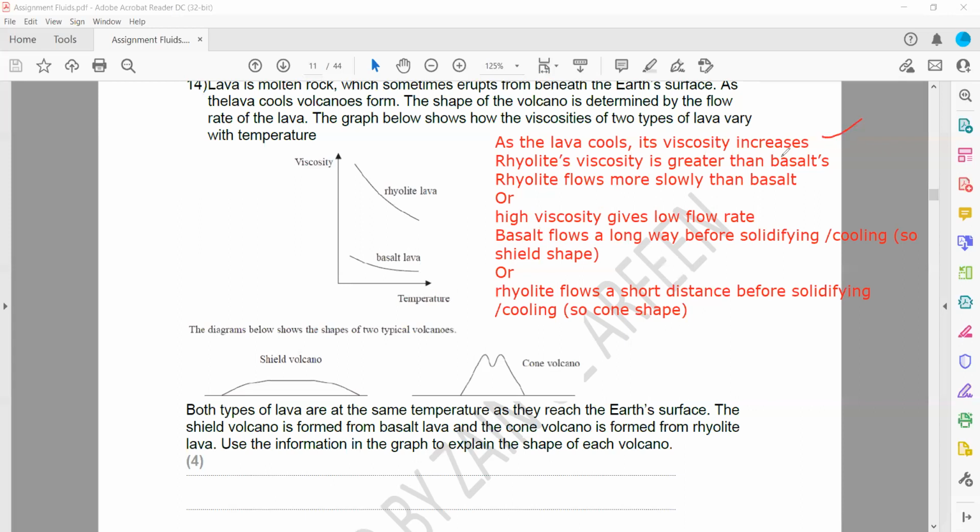That's one mark. Then rhyolite viscosity is greater than basalt, so rhyolite will flow more slowly as compared to basalt. High viscosity will give a low rate of flow.